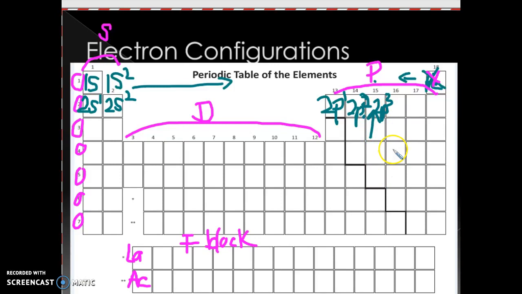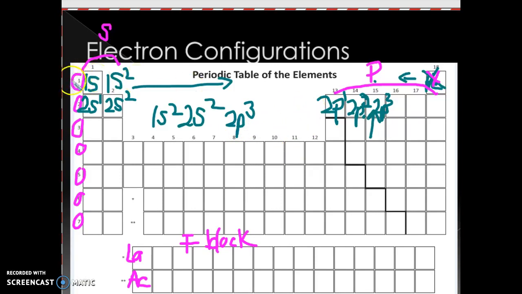That's nitrogen. So nitrogen's electron configuration, if I was going to write it all out, is going to be 1s2, 2s2, and 2p3. So just to recap, where did I get all these numbers?